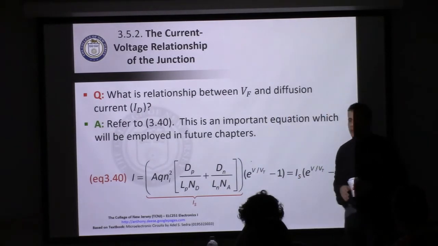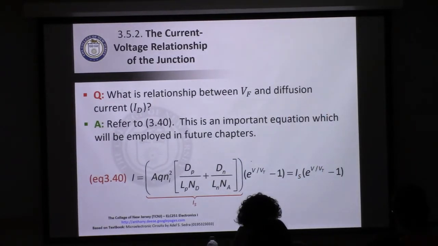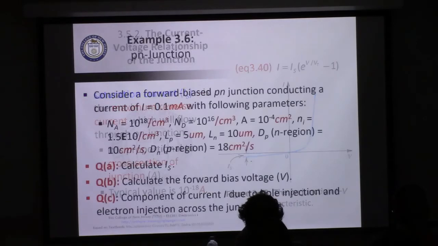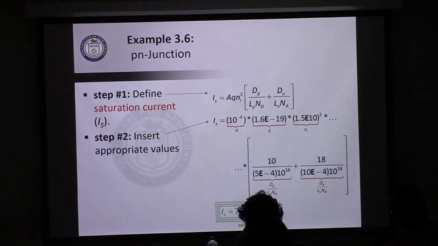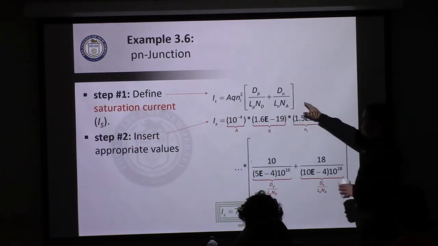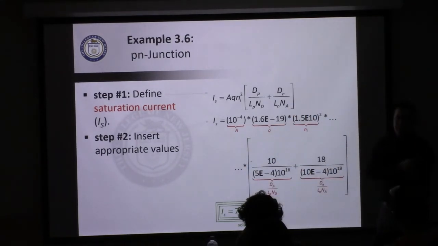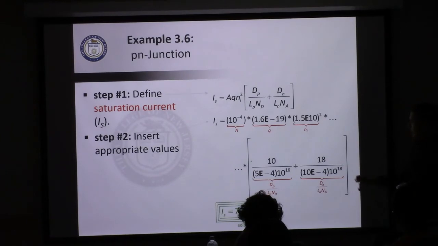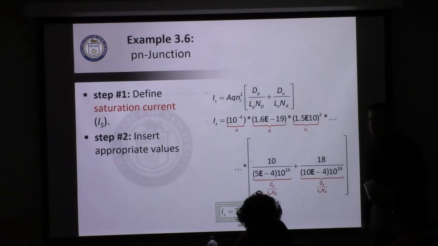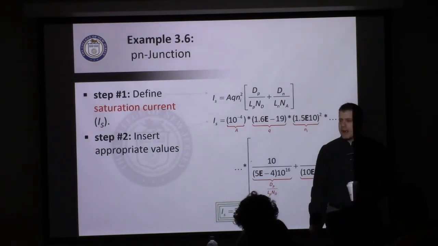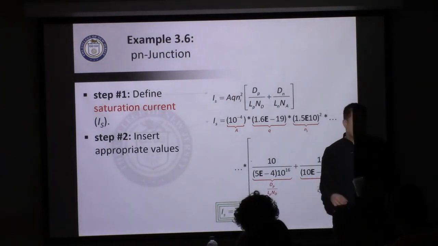All we have to do is plug in the appropriate numbers, and so we do that here. I'm not going to plug it into MATLAB because it's a pretty easy calculation, but you end up with 7.3 times 10 to the negative 15 amps as the saturation current.